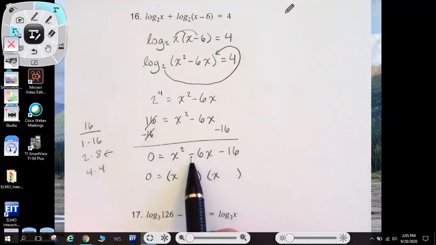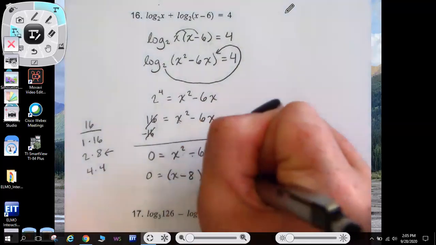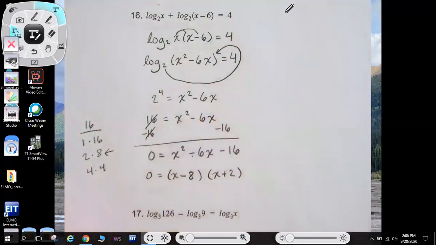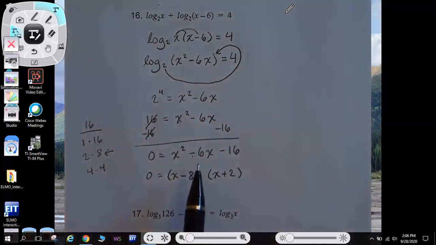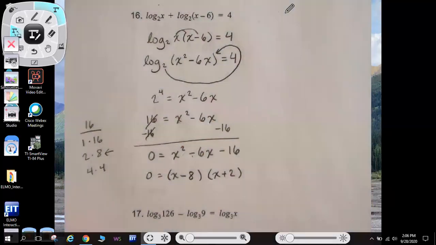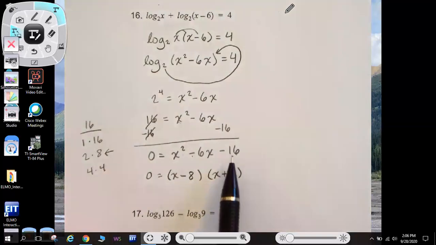If this middle term is negative, then your bigger factor needs to be negative, which means our 8 would be negative. So x minus 8, x plus 2. If this middle sign were positive, that would mean our bigger factor would need to be positive.